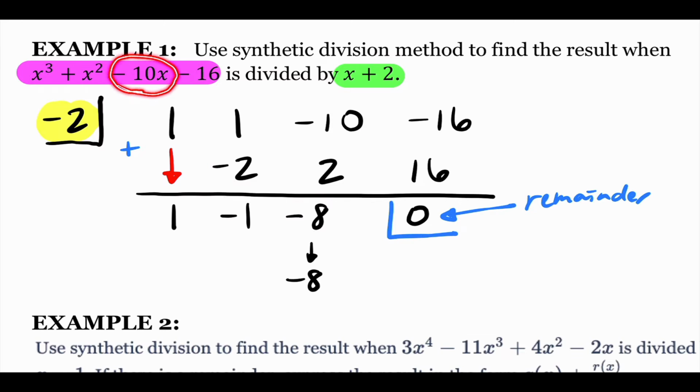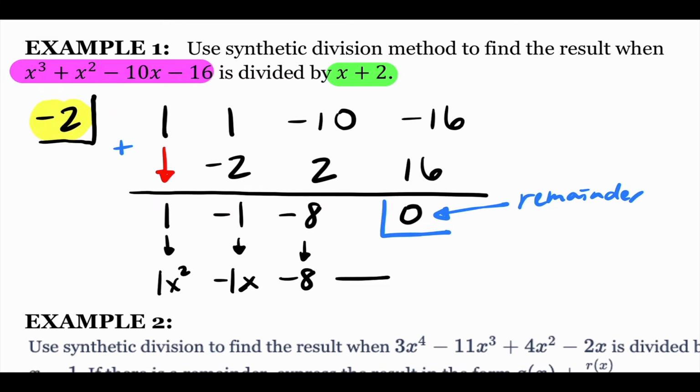Well, negative 10 had an x, so that means negative 1 needs an x. So negative 1x. Okay. And then 1 is going to take the place of 1. Well, it stayed 1, but it needs an x squared. So in other words, this is x squared minus x minus 8.